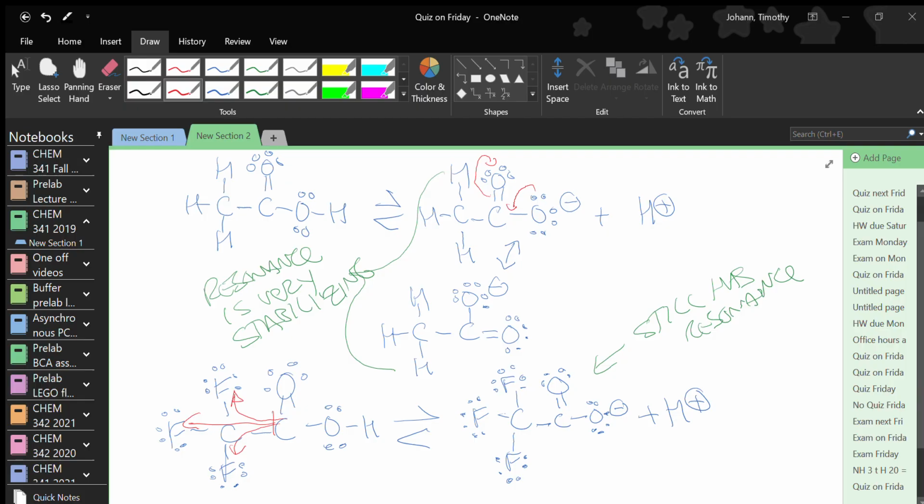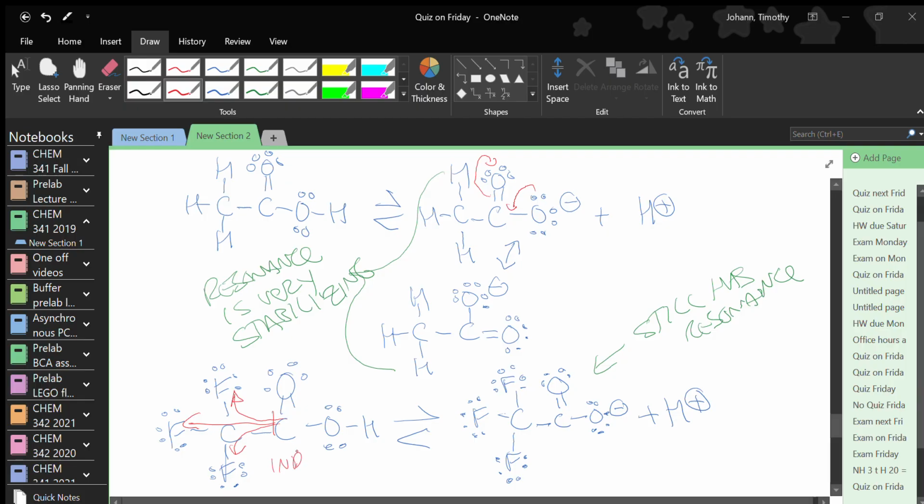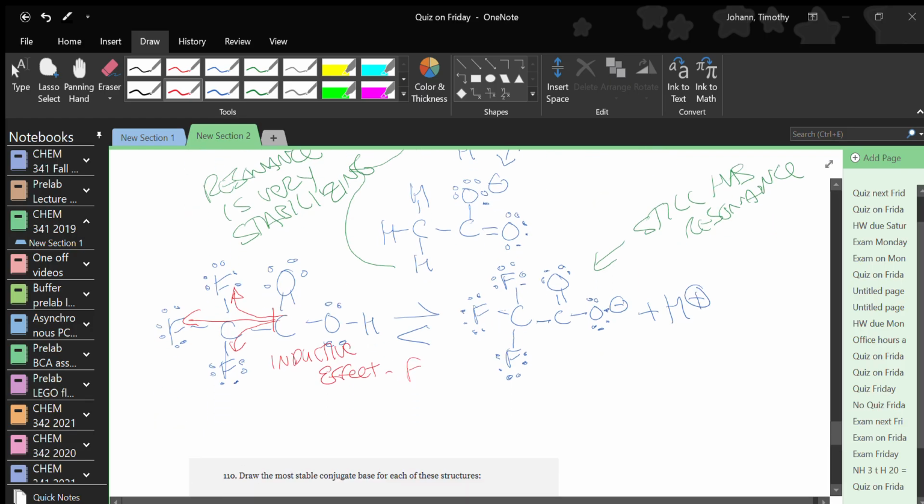Okay, that makes this base more stable. That's more of a way of thinking about how tightly it holds onto the hydrogen in terms of that model. Okay? But do you see that? So that's the inductive effect. Fluorines pull electrons away from the oxygen.